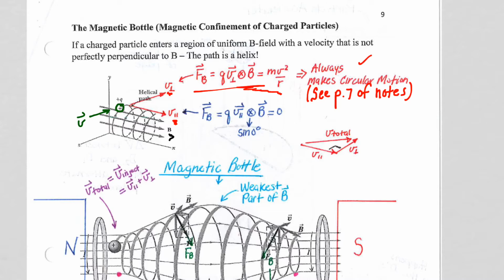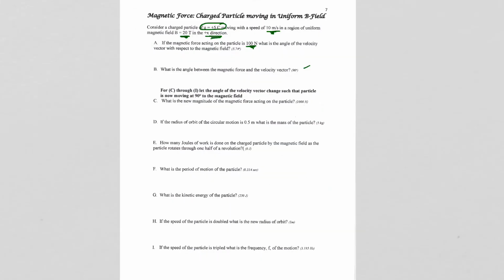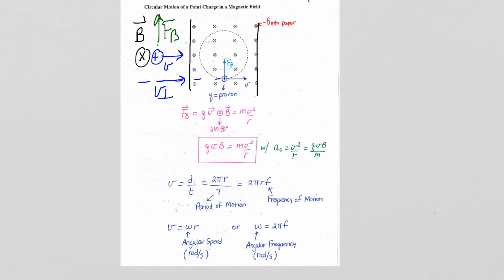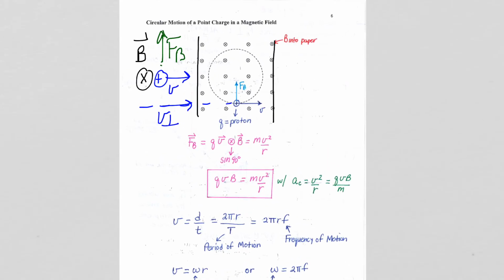So I want to go back very quickly. 9, 8, 7. And that is what we had here. So we have our positively charged particle injected into the magnetic field, where the magnetic field is, in this case, into the page. v is in the plane of the page, it is only v perpendicular. There is no v parallel.